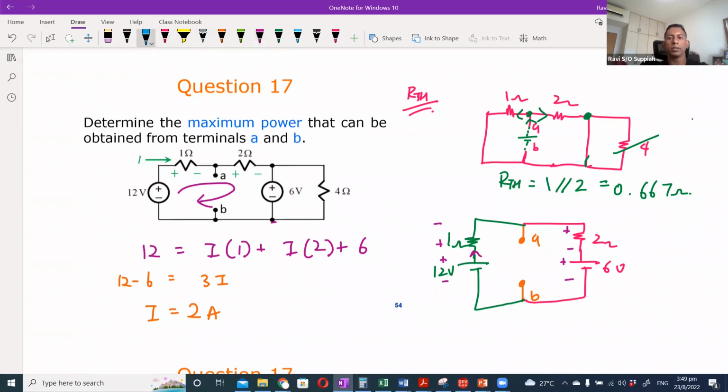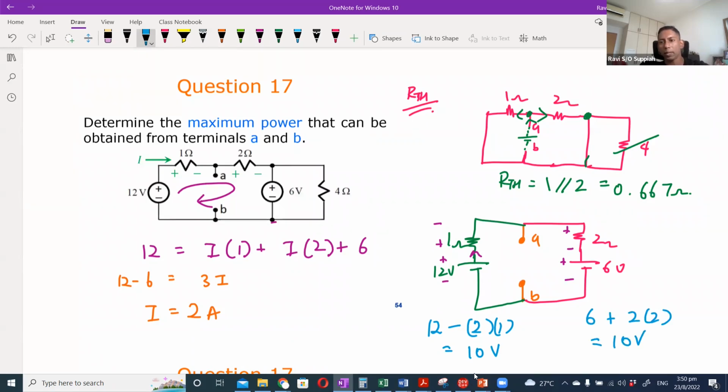So if I calculate it using the left side, what I get is 12 volt minus IR, which is current 2 ampere multiplied by 1, so I will get 10 volts. If I calculate it from the other side, I will get 6 volt plus 2 multiplied by 2, which will also be 10 volt.